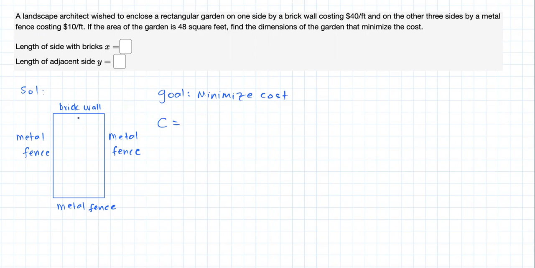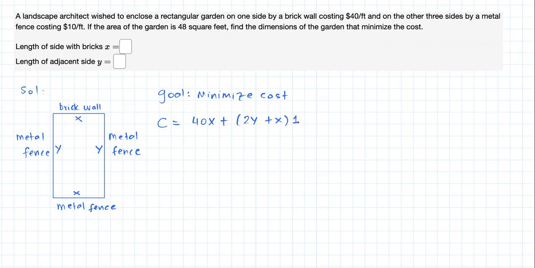Let's represent our cost function. If we let X represent this dimension and Y represent this other dimension, then our cost should be equal to 40 times X for the brick wall, right? Plus for the metal fence around here, twice Y plus X times $10 per foot.